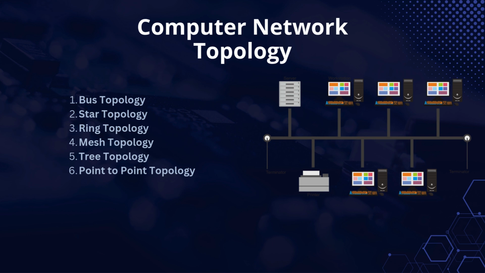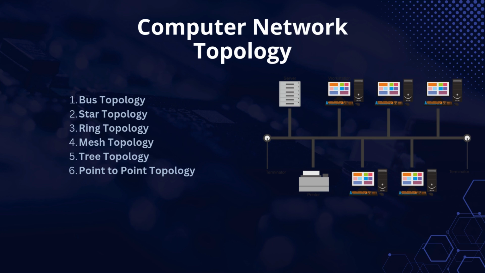So bus topology is where devices are connected to a single central cable. In star topology, all the devices are connected to a central device like a switch or hub. It is used mainly in LANs, easy to manage and add devices. And the drawback is if the central hub fails, the network stops working.